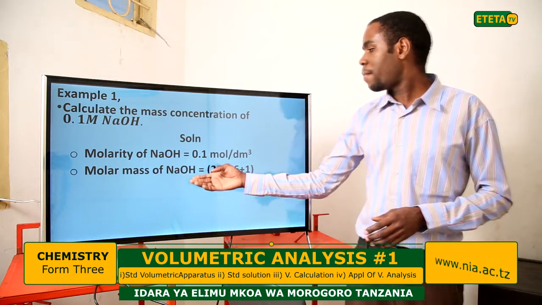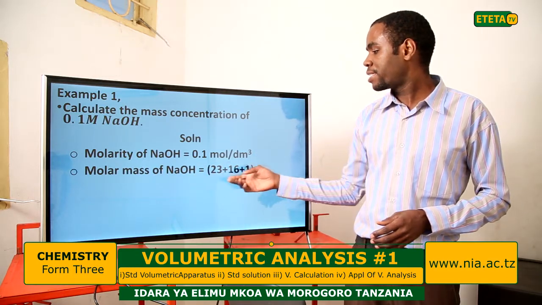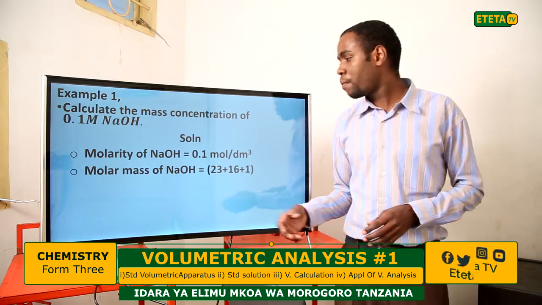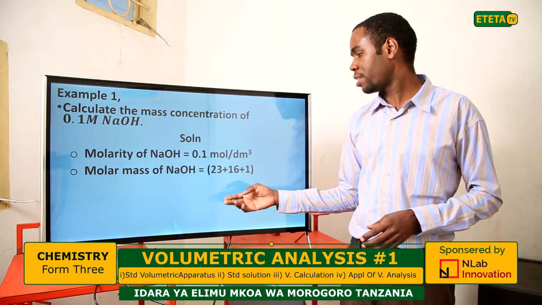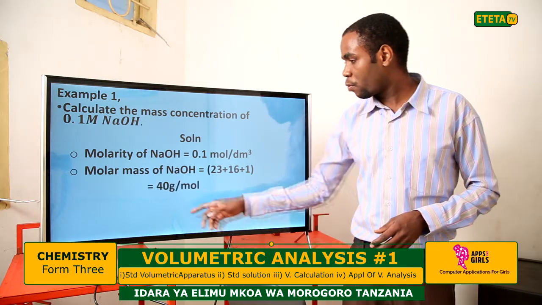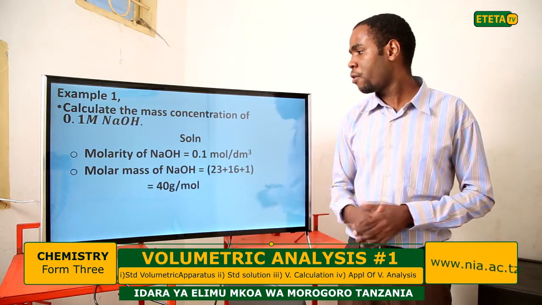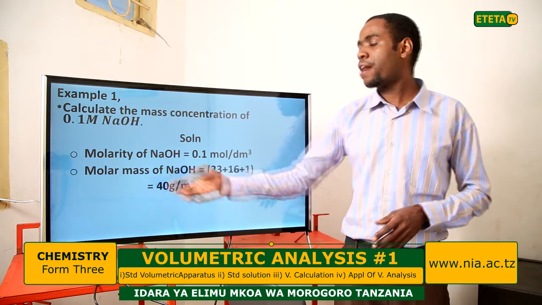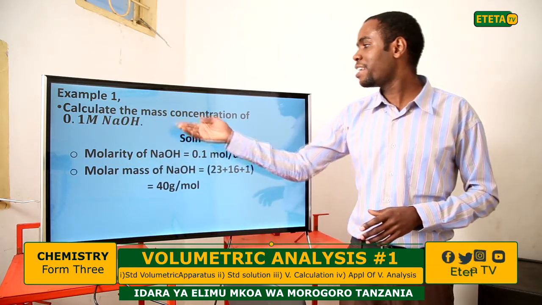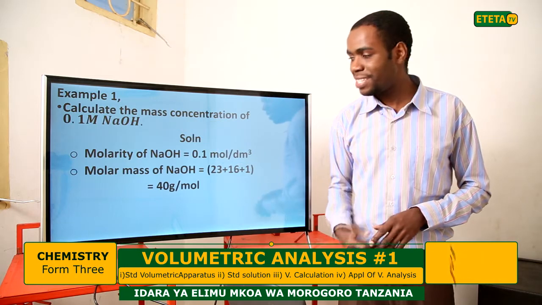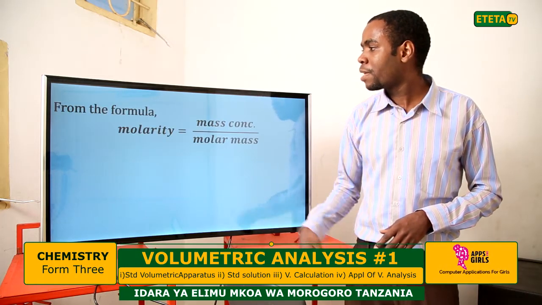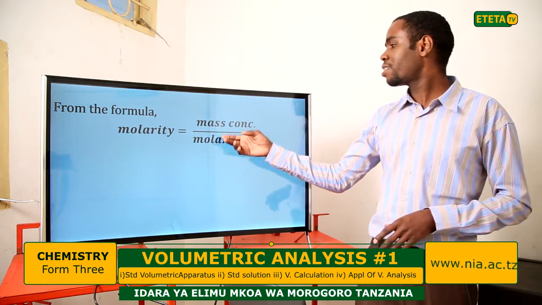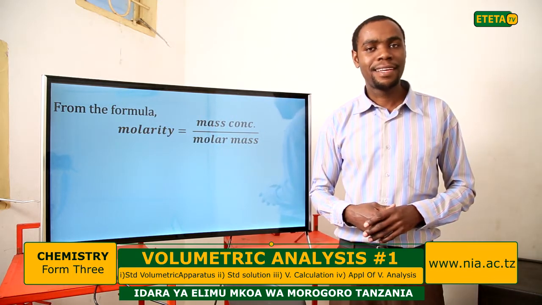Molar mass of sodium hydroxide, we sum up the atomic masses of constituent elements, which is sodium, oxygen, and hydrogen, and it will be equal to 40 grams per mole. Now, you have a molar mass, you have a molarity. What is required is to calculate mass concentration. Now, from the formula, molarity is equal to mass concentration over molar mass.